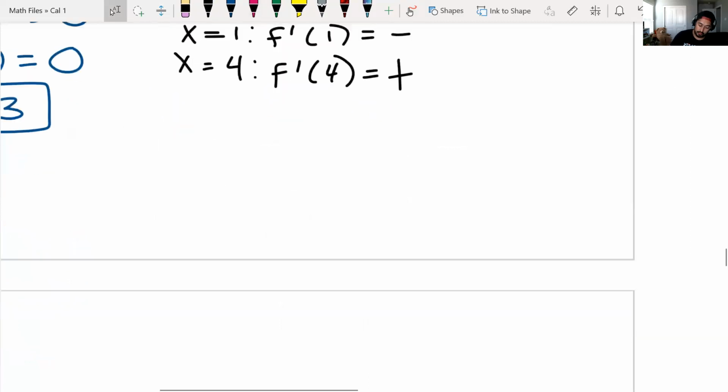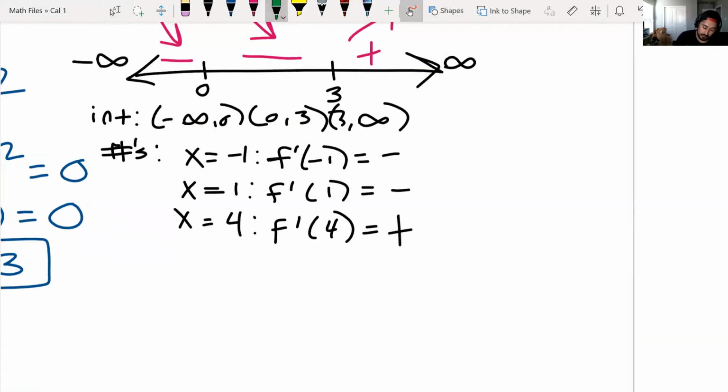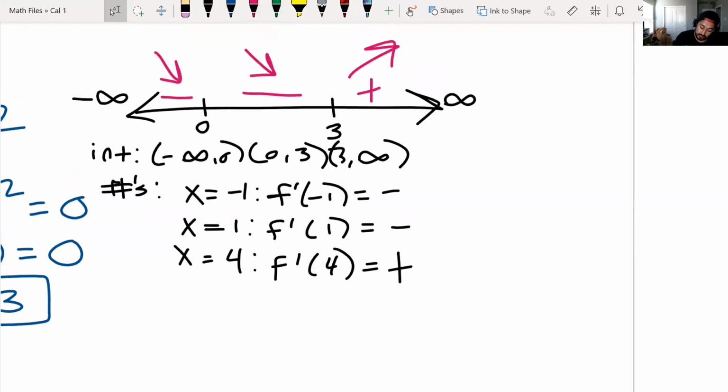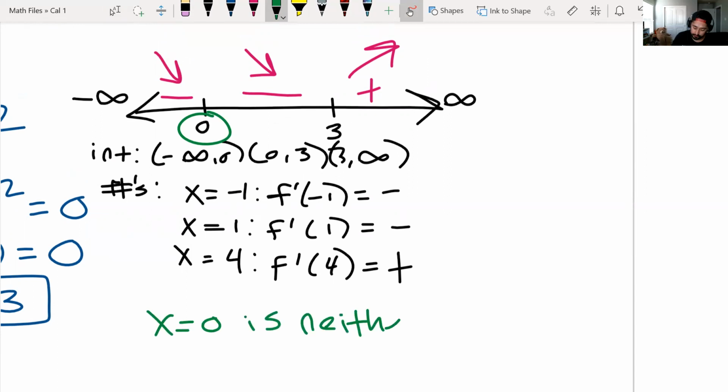All right, we're looking for max and mins, so let's look at our sign chart. Let's look at 0. At 0, we decrease and decrease, which means nothing happens. So x equals 0 is neither. And then let's look at 3. At 3, we decrease and then increase, which means x equals 3 is a min.